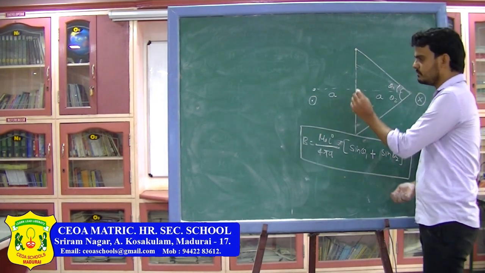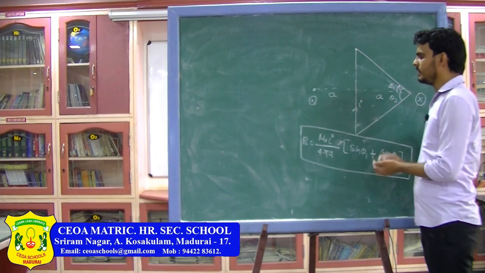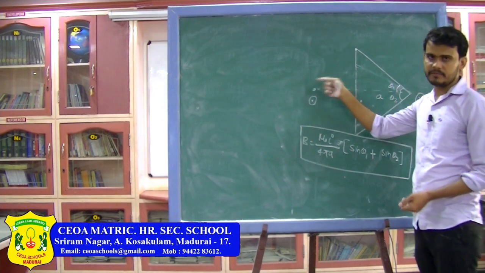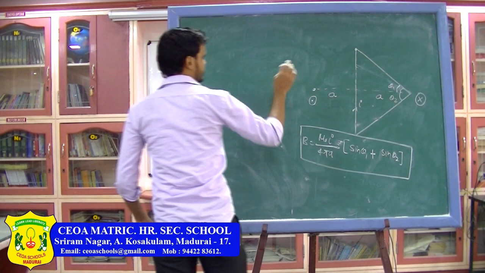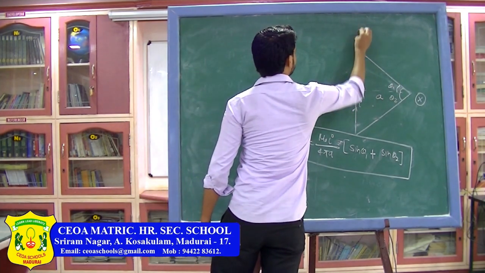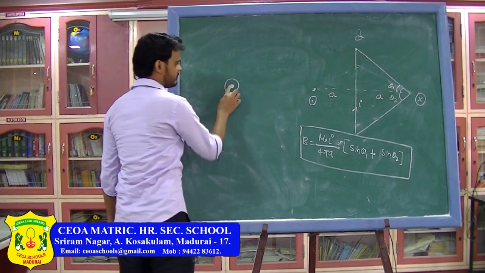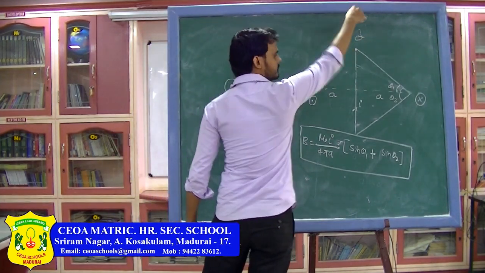Similarly, the points can be here also. If you try to find it using the right hand palm rule, the direction of magnetic field will be in this direction, and for the point which is behind this, the magnetic field will be in this direction. So, if I see the wire from the top, this is the wire and I am assuming the current is outwards. As you can see, if you see from here, the current will be coming towards you.